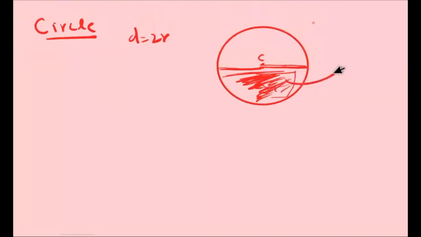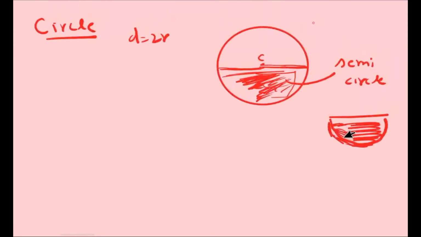This one is a semicircle, meaning half of the circle. So students, we will go through this semicircle and circle.